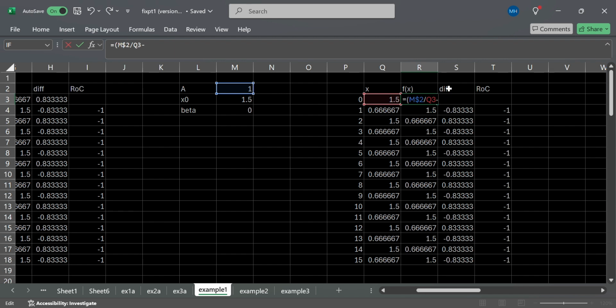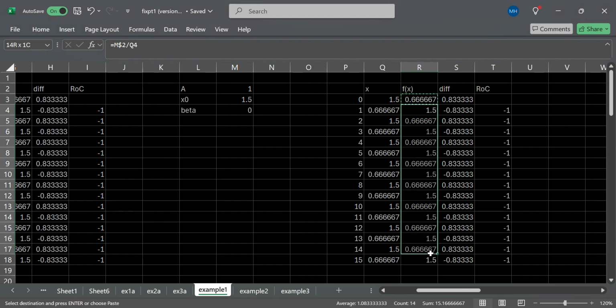So we subtract a beta x in the numerator, and then we have to put a 1 minus beta in the denominator that makes sure that we get the same fixed point.